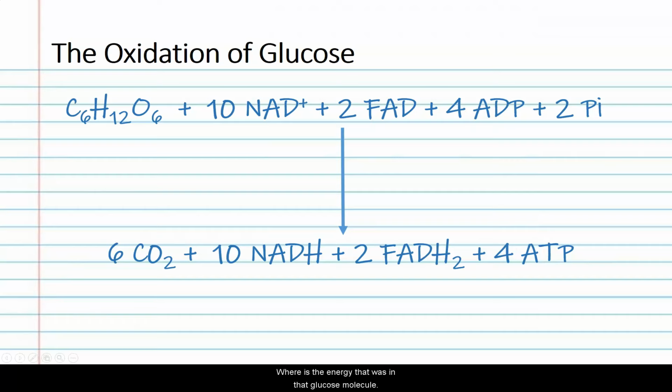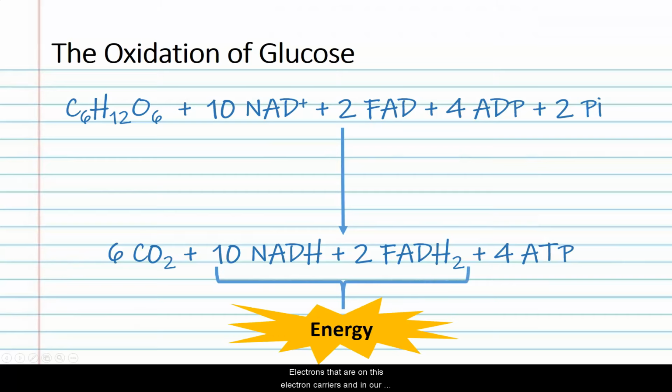Now, where is the energy that was in that glucose molecule? Some is found in the ATP, but most of it is found in those electrons that are on those electron carriers. And in our next lecture, we're going to discuss how that energy then gets converted to ATP through oxidative phosphorylation.